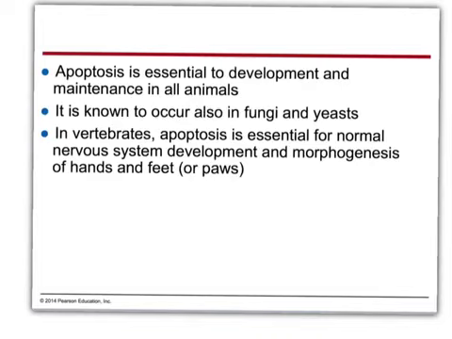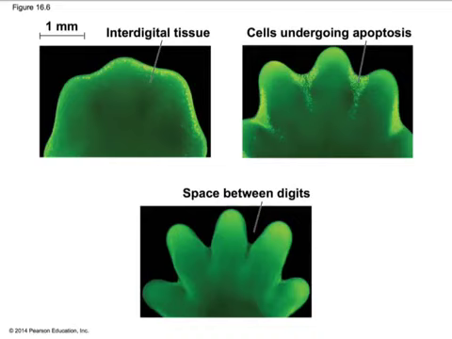Nervous system. But probably the best known example of development for apoptosis is the formation of the limb, of the digits, hands and feet. Because what occurs during normal development is you have limb bud formation. And limb buds are projections off the embryo. They end up growing out like this.